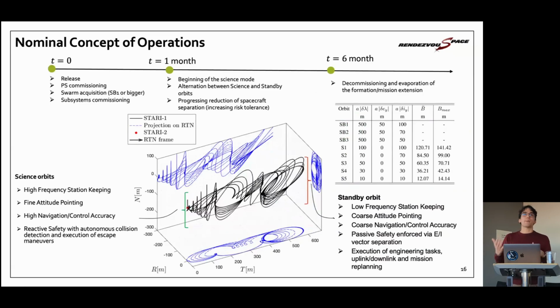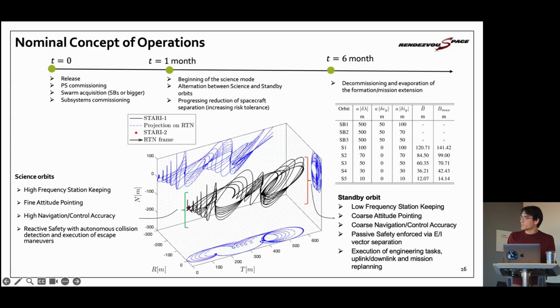The idea is that after a month from release, we acquire a certain standby orbit, and then we transition from the standby orbit to a series of science orbits. And we conceive the mission planning such that we reduce more and more during the mission lifetime the safety margin. This is done in two ways. On one hand, we decrease the along-track separations, as you can see here in the plot.